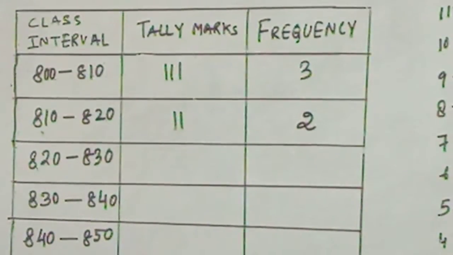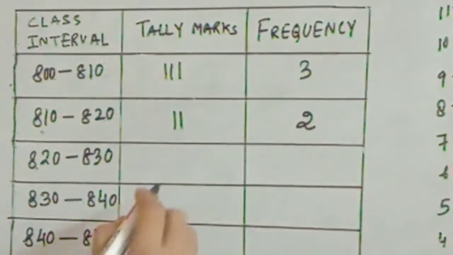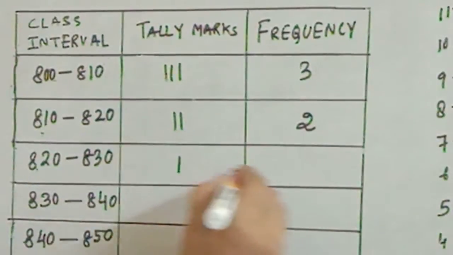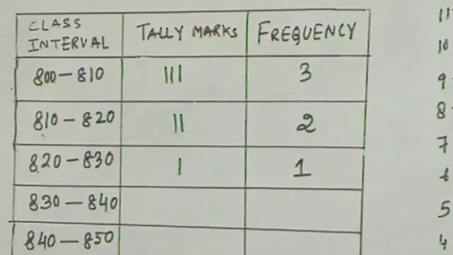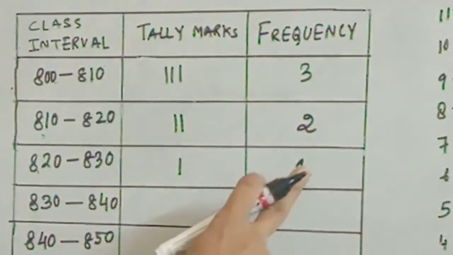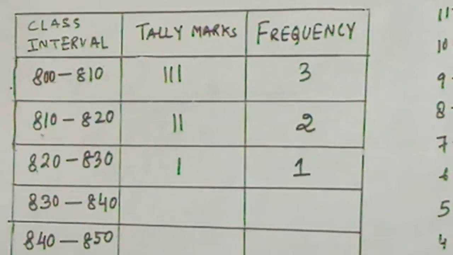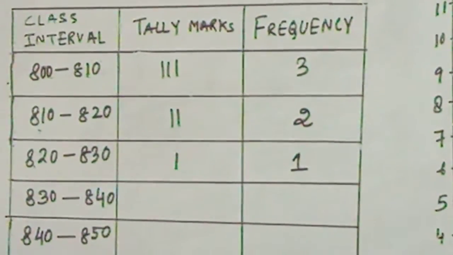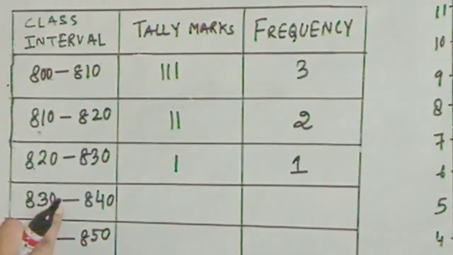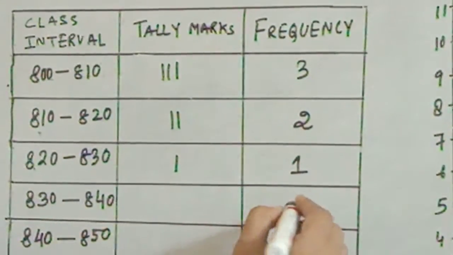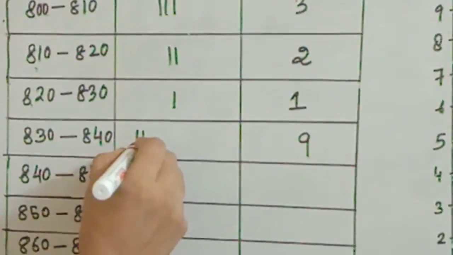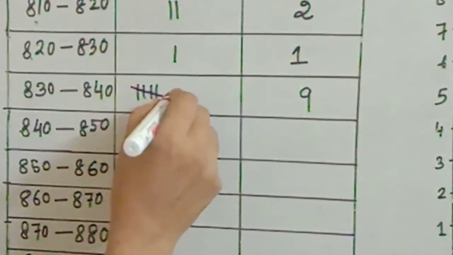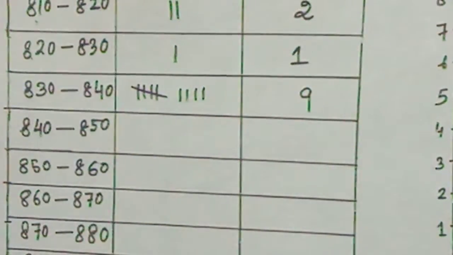For 820 to 830, only one value is there, so the tally mark is one line and you will write the frequency as 1. Similarly, for 830 to 840, you get the maximum frequency. Check and count, it will be 9: 1, 2, 3, 4, 5, 6, 7, 8, 9.